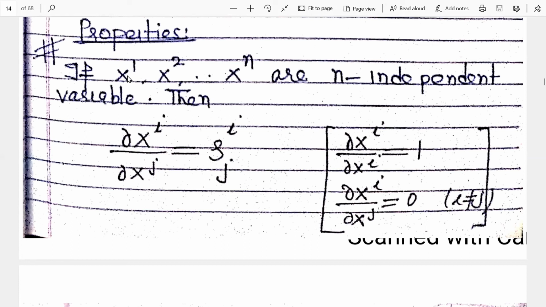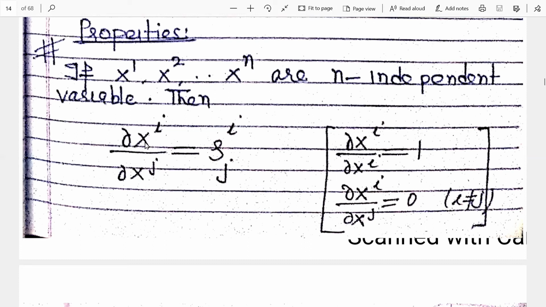Clear? So first, now if this variable is x^i, x^j, when i and j are the same, here it is i. When we differentiate x^i with respect to x^i, its value will be 1.